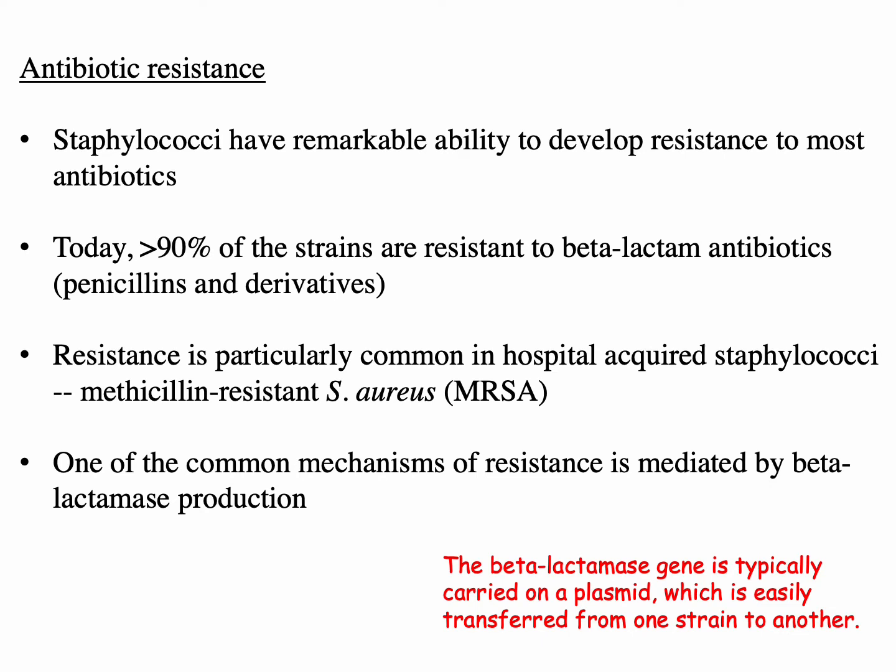One of the things about this resistance is that when we say they're resistant to methicillin and penicillin or beta-lactam antibiotics, Staphylococcus typically are not only resistant to these antibiotics, they're also resistant to other antibiotics like tetracycline, clindamycin, erythromycin.